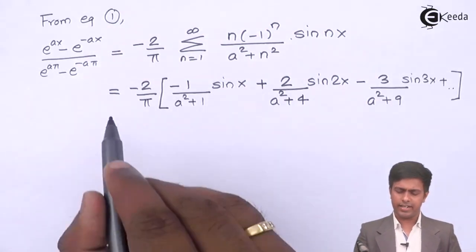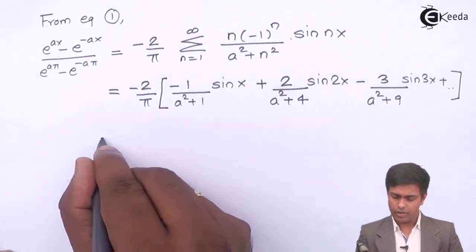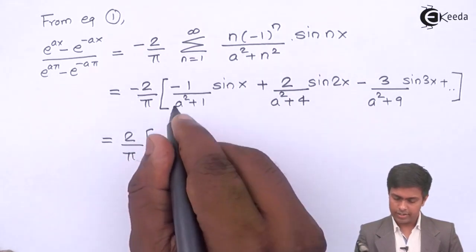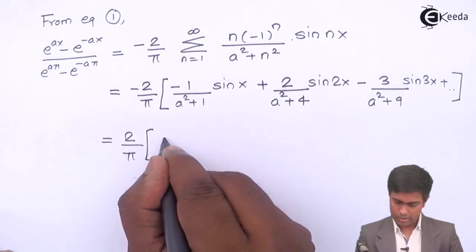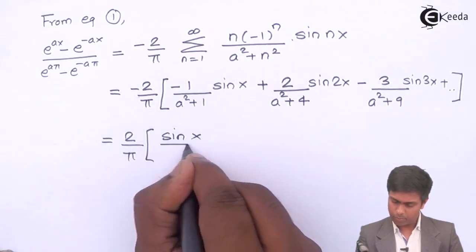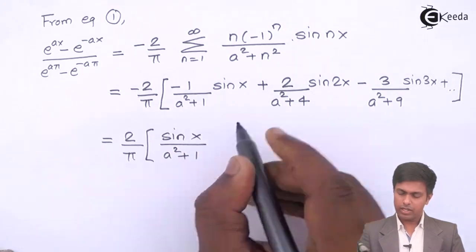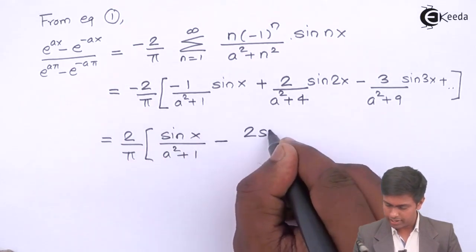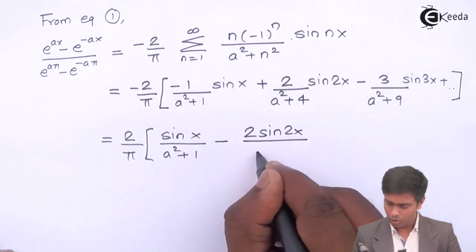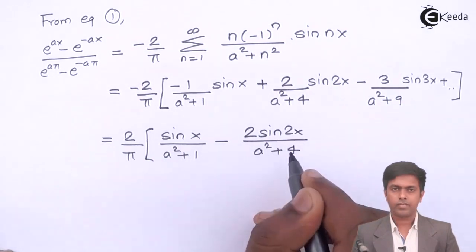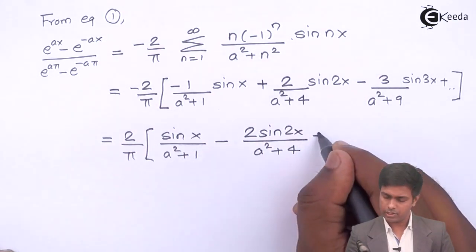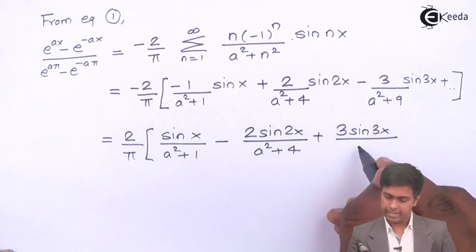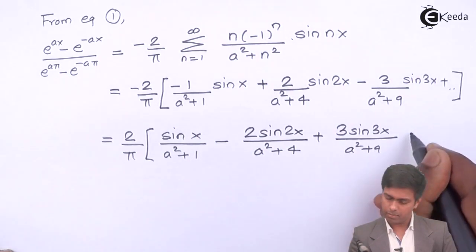Now guys, I'll take that negative sign inside, so we will get 2 upon pi in the bracket, this will become positive, so sine of x upon a square plus 1, this term will become negative, so minus 2 sine 2x upon a square plus 4, and this will become positive, that is plus 3 sine 3x upon a square plus 9, minus so on.